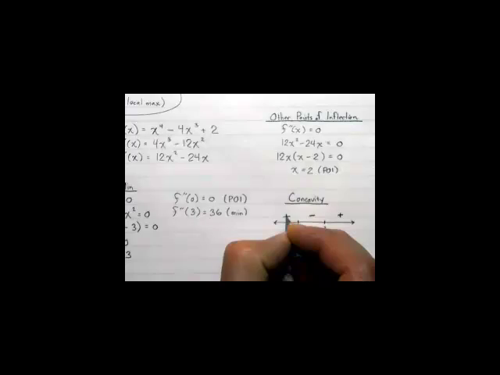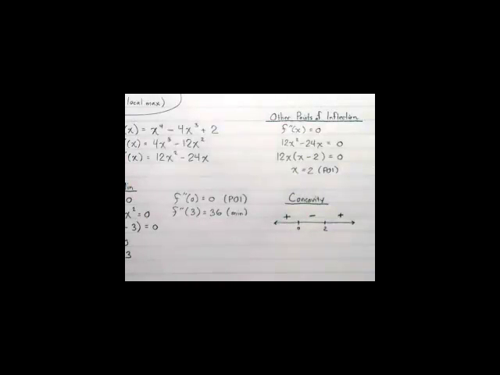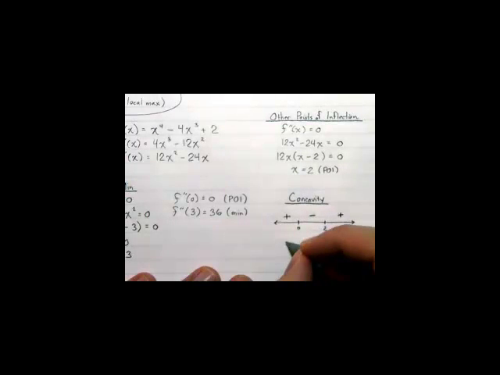Comes out negative, yeah. And then if I plug in a negative number, that should come out positive then, right? So that would be negative times a negative. Yeah, so that's going to be positive. Okay, so we got some intervals for concave up, concave down, right?